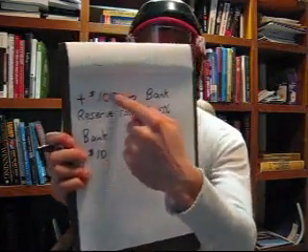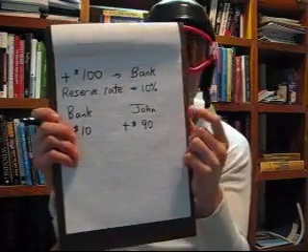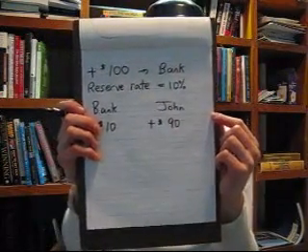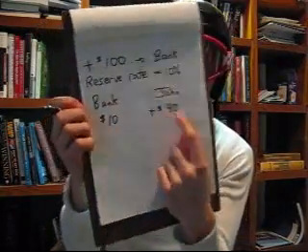So let's say John gets a loan. We start out with plus $100 to the bank. The reserve rate is 10%, so the bank keeps $10 and they give $90 to John as a loan.